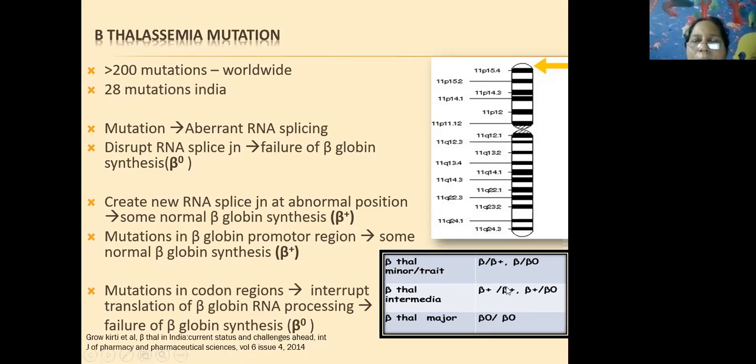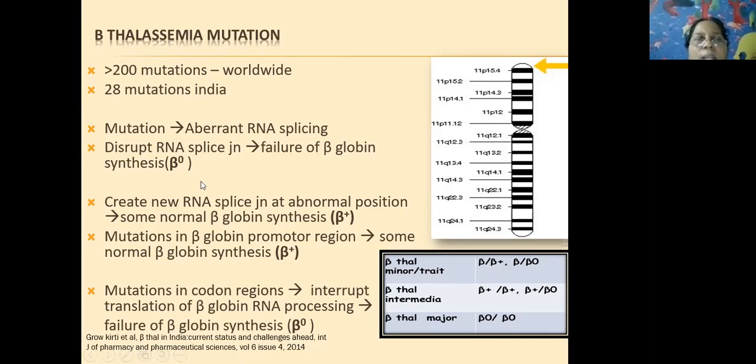Beta plus, beta plus, but clinically this will behave like thalassemia minor. And beta naught is complete absence in both chains, from father also 0, from mother also 0. So both are carriers, both have either any one of these.